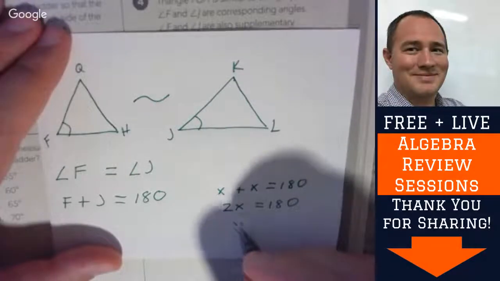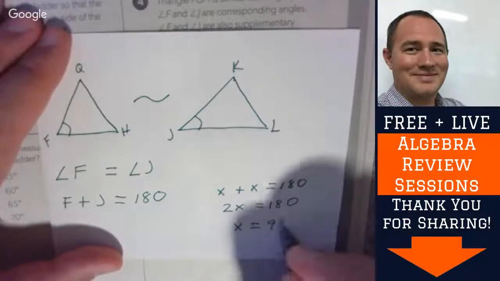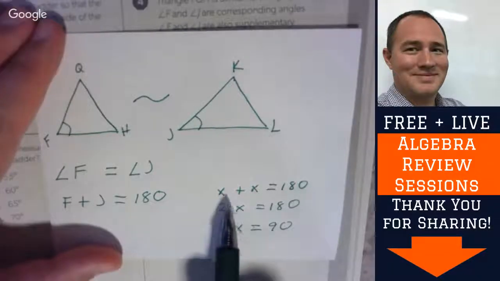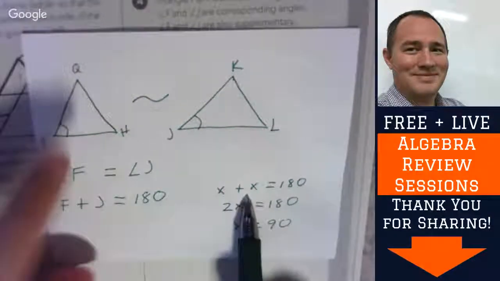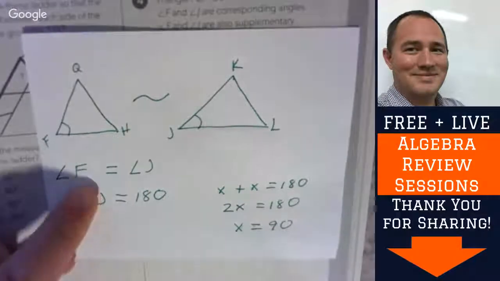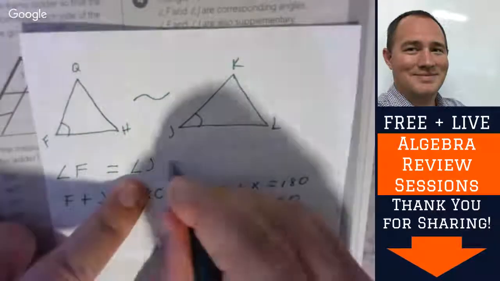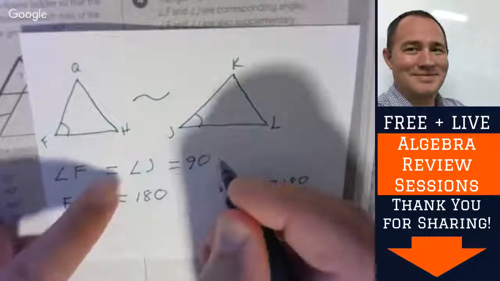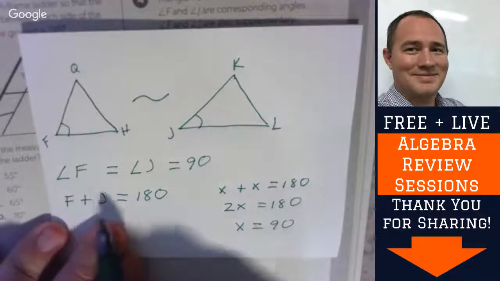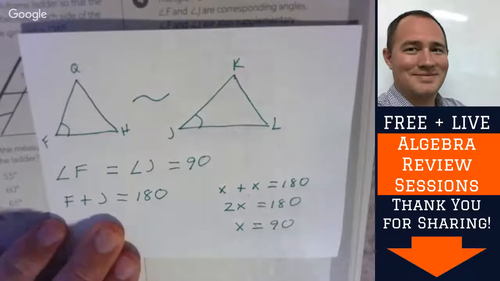Divide by 2 on both sides, and x is 90. So if x is what we replace both F and J by, and x equals 90, then F equals J, and they both equal 90 degrees. Which makes sense, right? 90 plus 90 gives us 180.